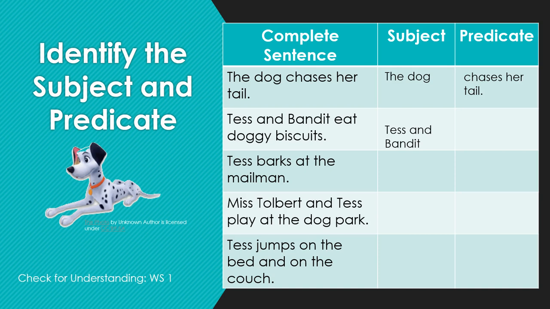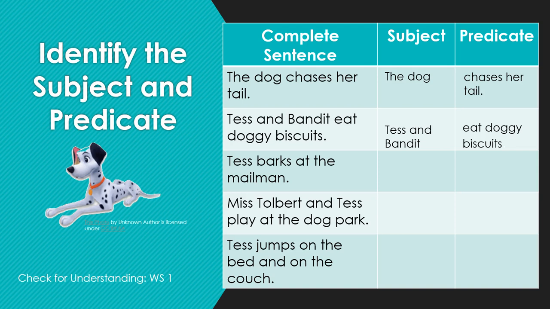Tess and Bandit. It's a compound subject because it has two or more simple subjects. Our predicate shows us the verb. What word shows us the verb? Eat. Eat is showing us the action, so the simple predicate would be eat doggy biscuits.